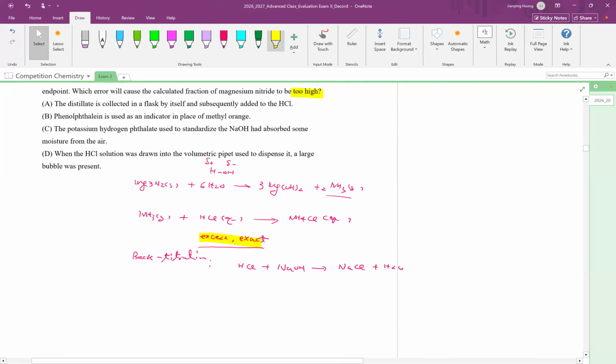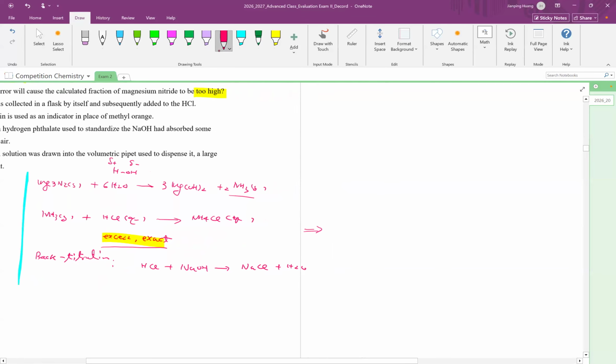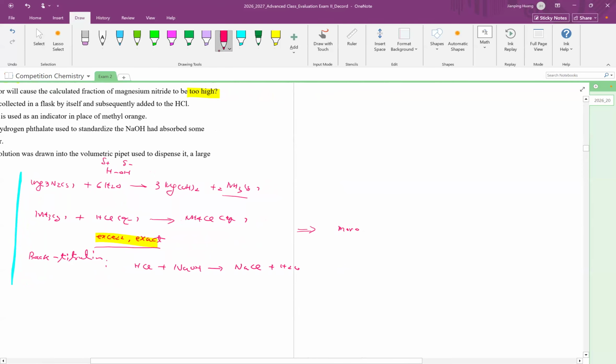Now I'm going to analyze this one, okay? Ammonia is distilled into excess HCl. The conclusion here: more magnesium nitride, can I say have more ammonia?